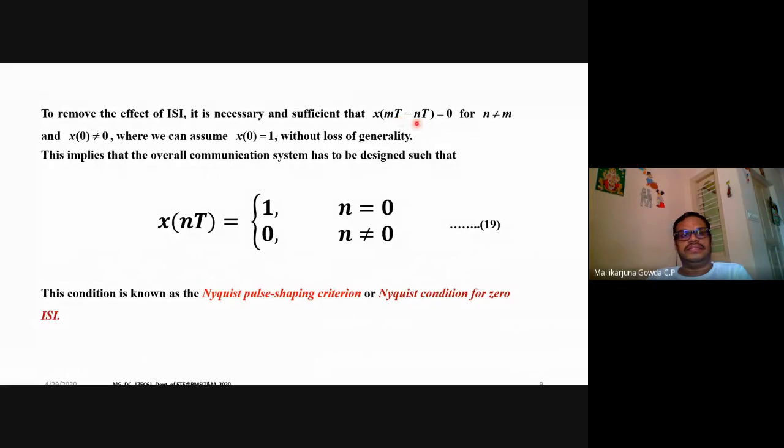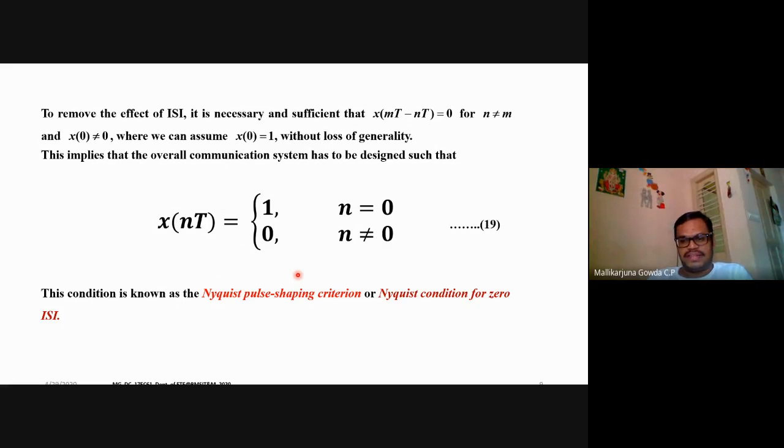And when n is equal to m, I get x(0), which should not be equal to 0, meaning it should be equal to 1, I am assuming. I call this equation the Nyquist pulse shaping criterion, or Nyquist condition for zero intersymbol interference.